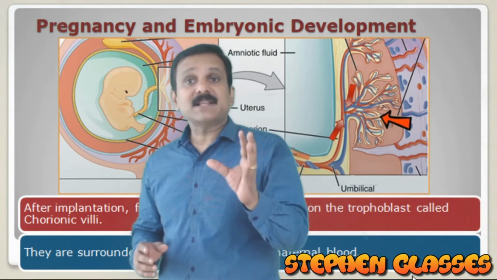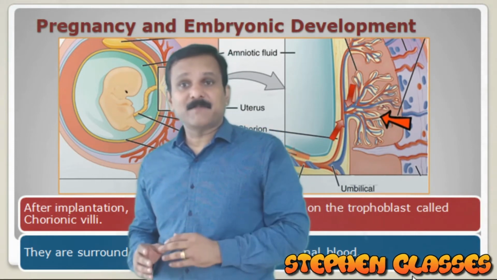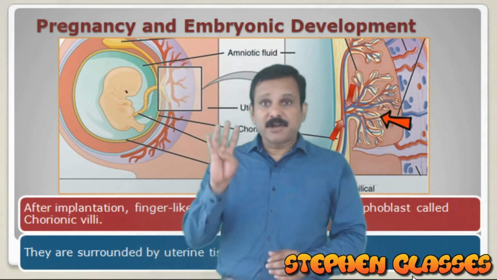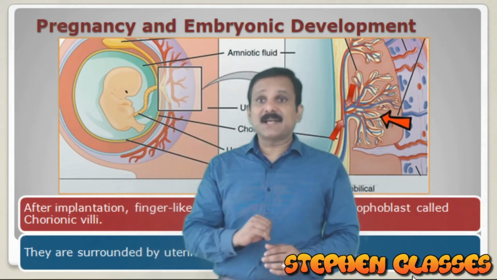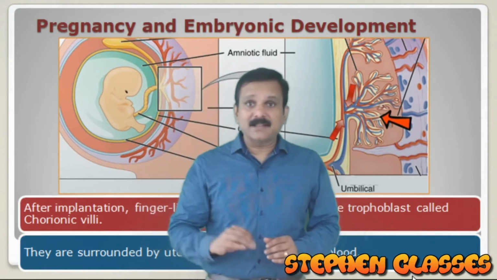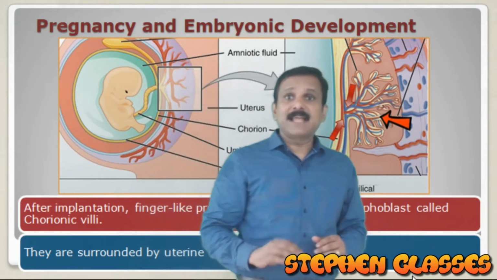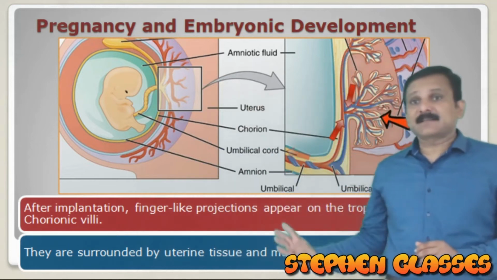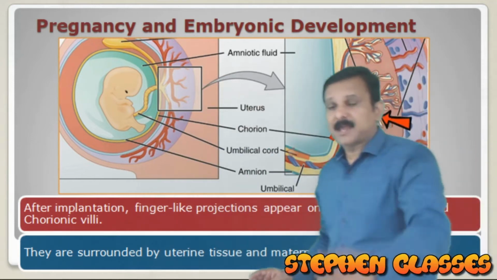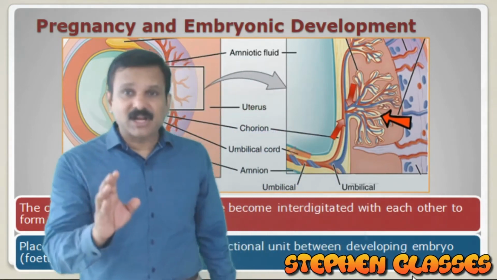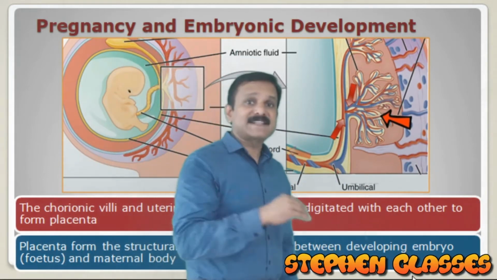So how is the placenta formed? It is explained here. Chorionic villi are the finger-like structures produced from trophoblast after implantation, and they will be surrounded by uterine tissue as well as maternal blood. Now it will form the structural and functional unit called placenta.